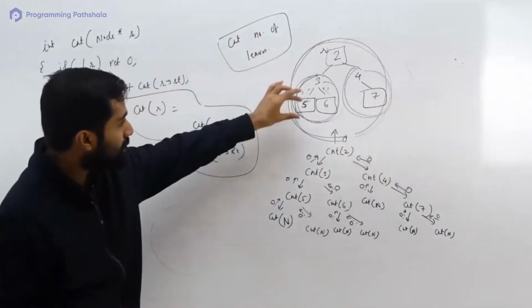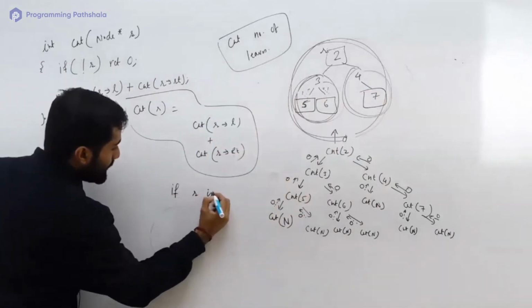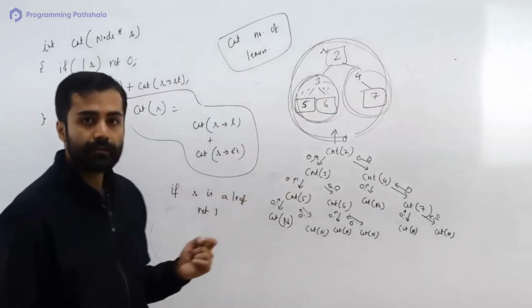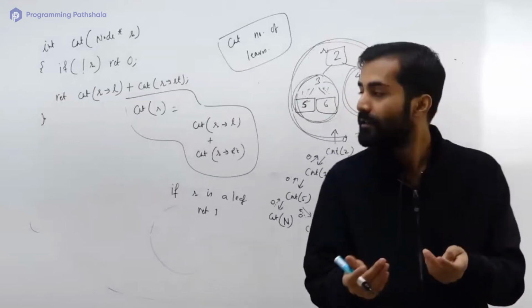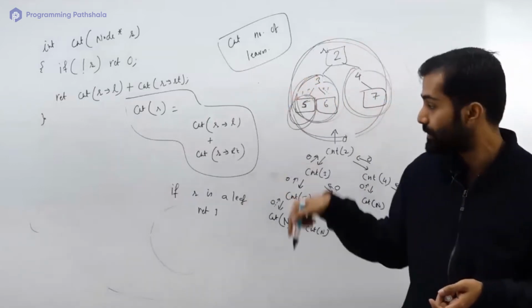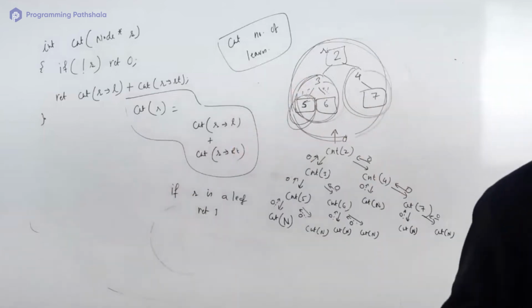When you touch upon a node which is actually a leaf, I would say if R is a leaf, then you should return 1. Why should you return 1? Because it is a leaf. If you are talking about the subtree rooted over here, there is only 1 node in it. So you should just return 1 from here, symbolizing that. Does it make sense to all? Yes or no?